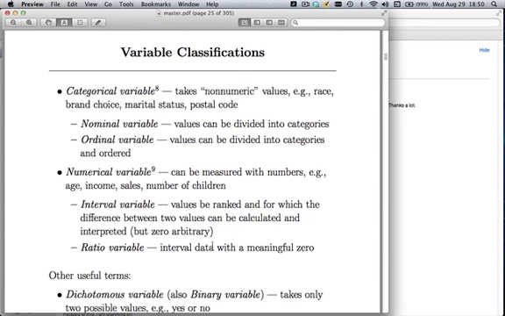So a variable would be something like a person's age, person's income, person's race, person's purchase intent. And what statisticians have done is to form different types of these variables. Now, the reason they've done this is because certain analysis methods will work with certain types of variables, but not with others.